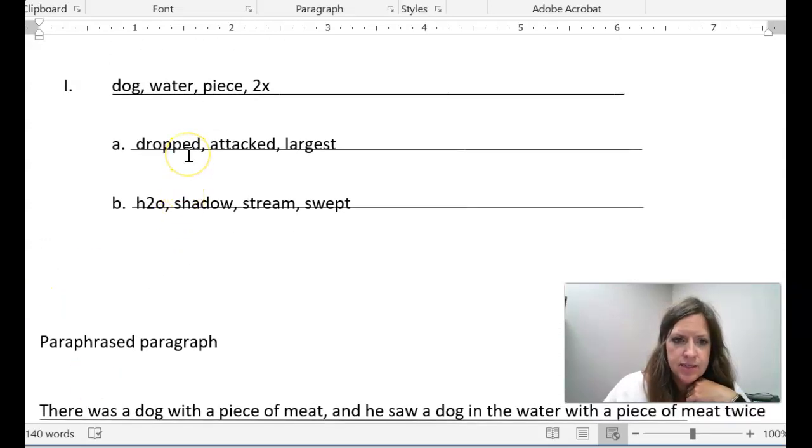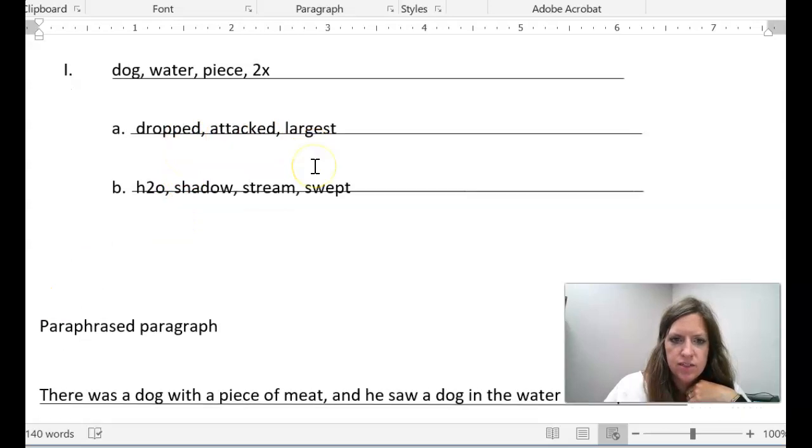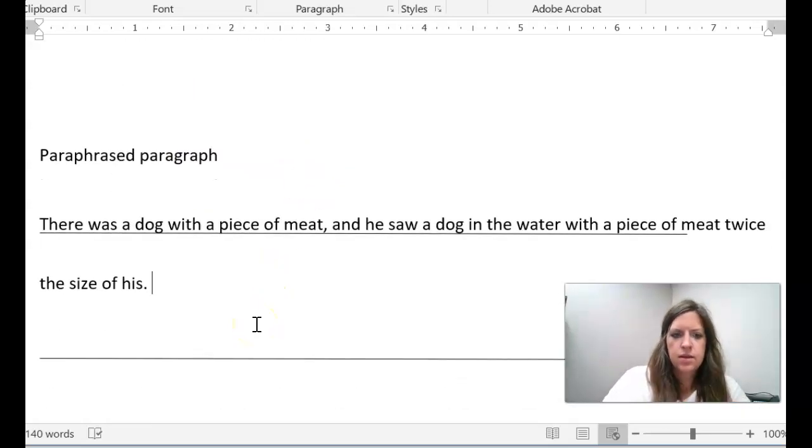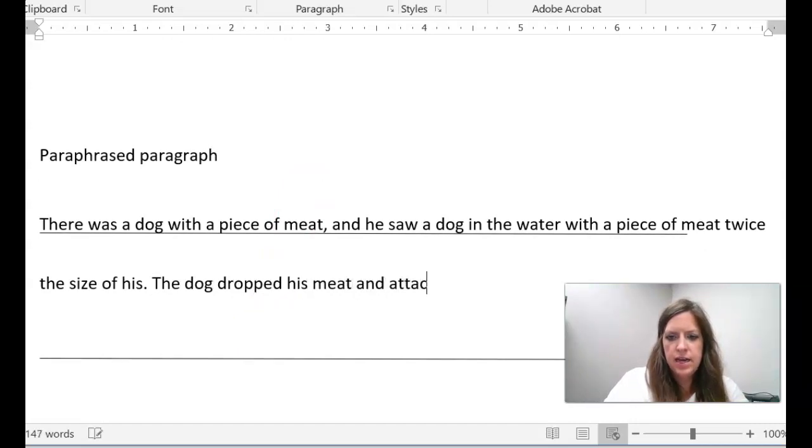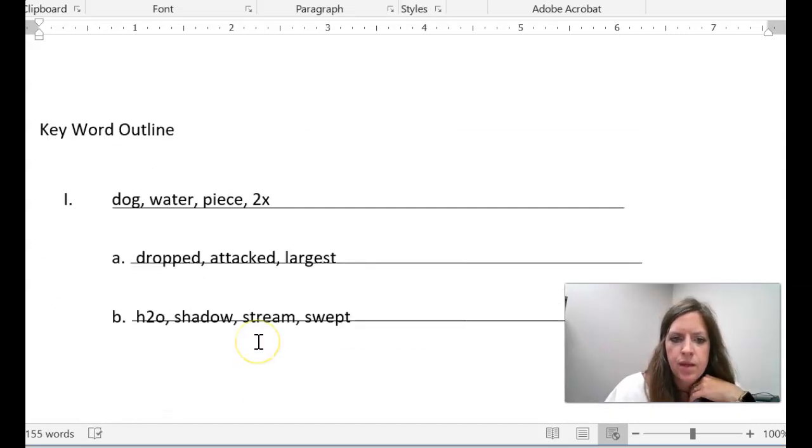And then my next sentence has dropped, attacked, and largest. The dog dropped his meat and attacked the dog with the largest piece of meat.